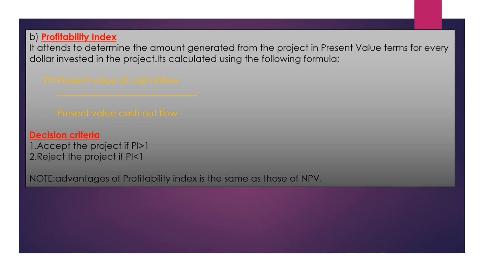Actually, the profitability index is almost the same as NPV. The advantages are that it uses the concept of time value of money. Also, it uses cash flows to evaluate the project, and it is consistent with the shareholders' wealth maximization goal.